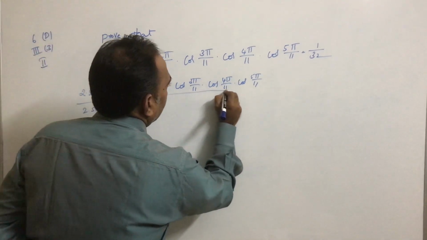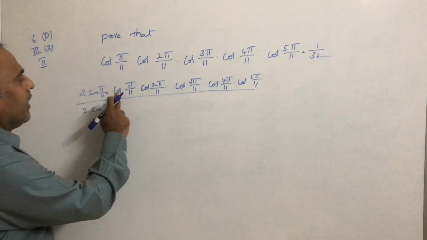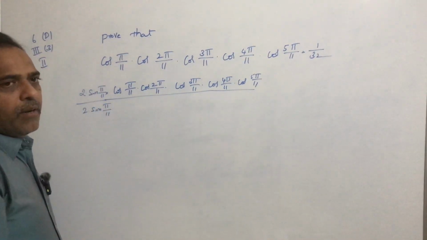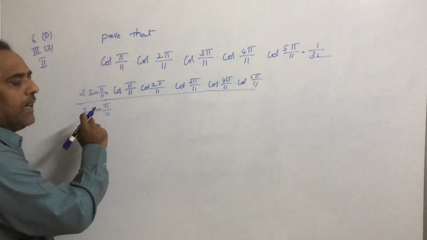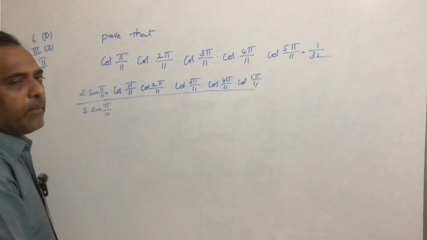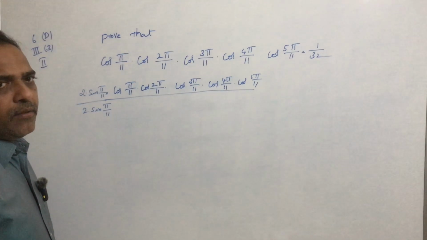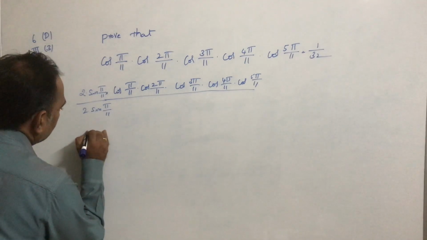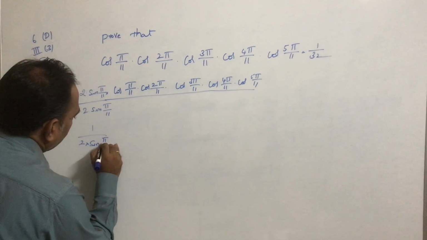Why do we need to multiply and divide with 2 sin pi by 11? Because we have a cos pi by 11 term, right? We know the formula of sin 2a, 2 sin a cos a. Here the 2 sin theta term is missing. Okay. So here it is 2 into sin pi by 11.